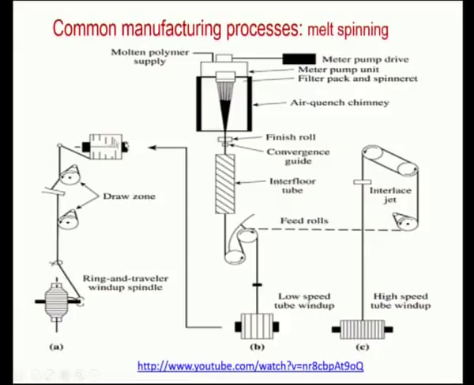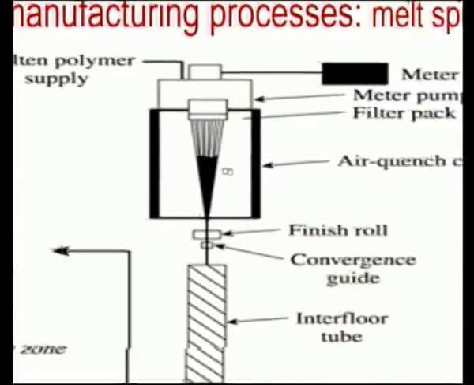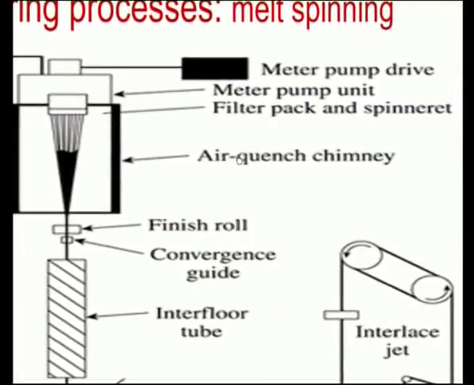This picture is representative of the manufacturing process of melt spinning. The molten polymer is supplied here, where there is the meter pump drive, meter pump unit, filter pack and spin crate, and air quench chimney.